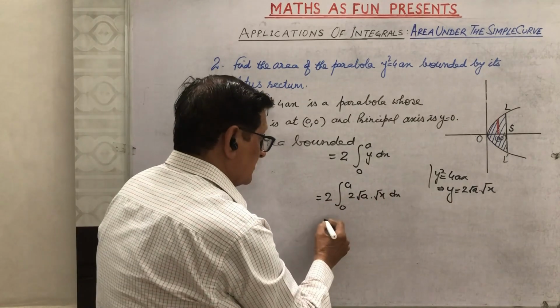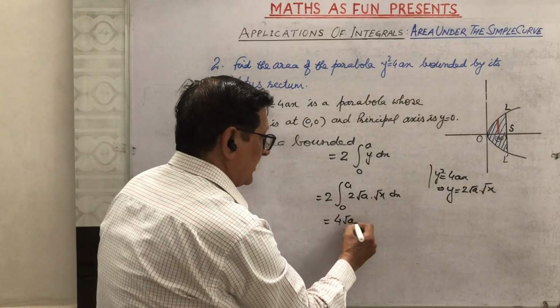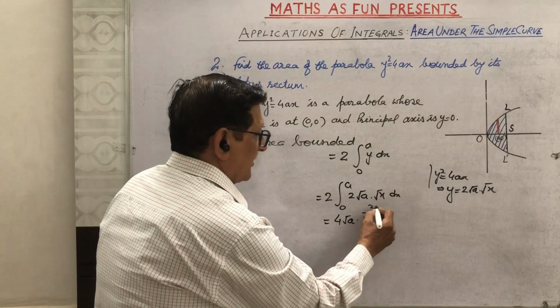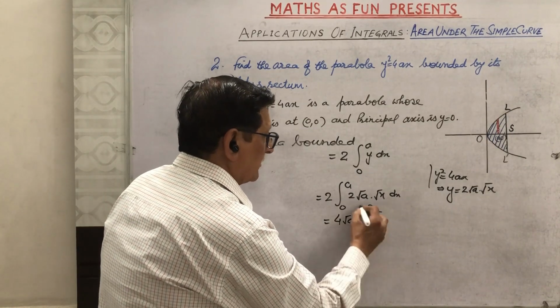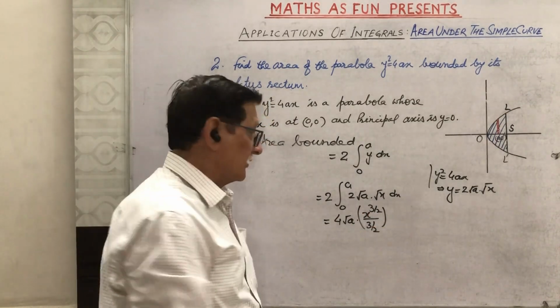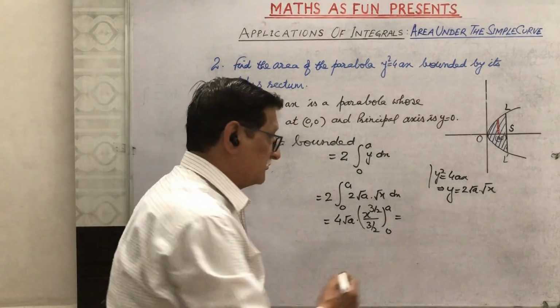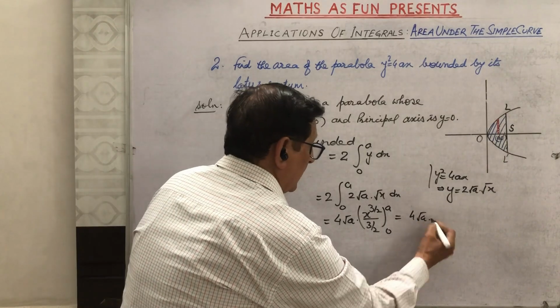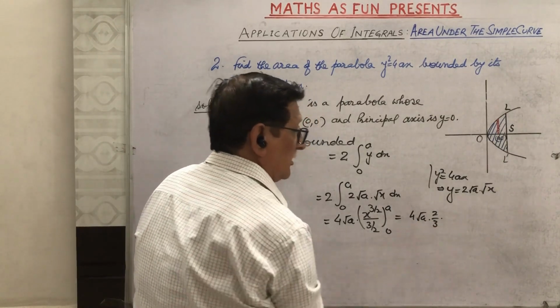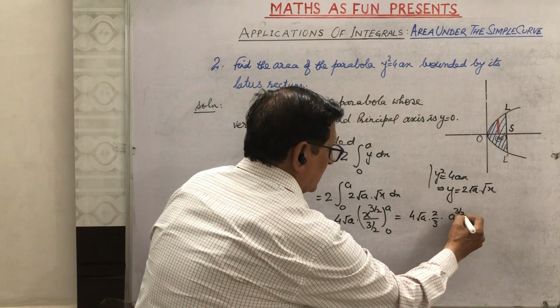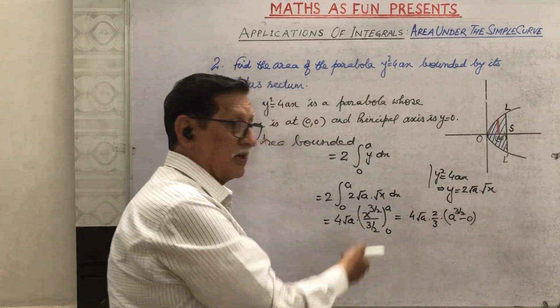Integrating this, we get 4 root a into x to the power 3 by 2 upon 3 by 2, with limits from 0 to a. It comes as 4 root a into 2 by 3 into a to the power 3 by 2 minus 0, applying the limits.